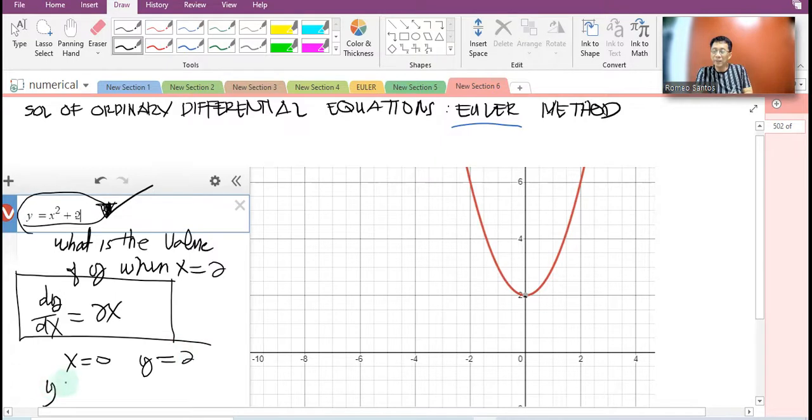Now, in other problems, ganito yung representation ng initial. When x is 0, y is equal to 2. Okay? Ito yung isang form, ito yung ibig sabihin niya. Baka makakuha tayo ng mga initial value problem. So, binibigay with y(0) is equal to 2.